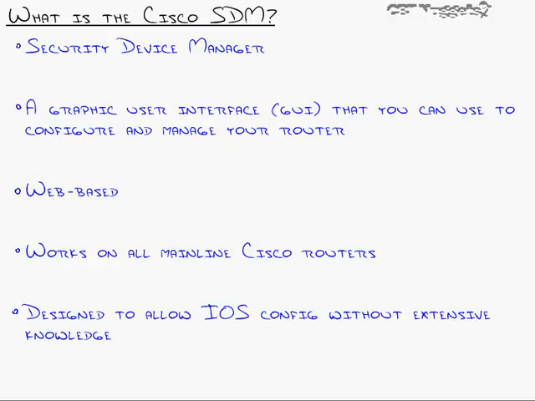Now, it is web-based. It's actually a Java application, so you'll need to have Java installed on whatever PC you'd like to manage it. And it works on all mainline Cisco routers. And what I mean by mainline is mainstream, like the main devices that you see in organizations, like the 2800, 2600, 3600, 3800, 1800, 800 series, the ones that I was just working with.